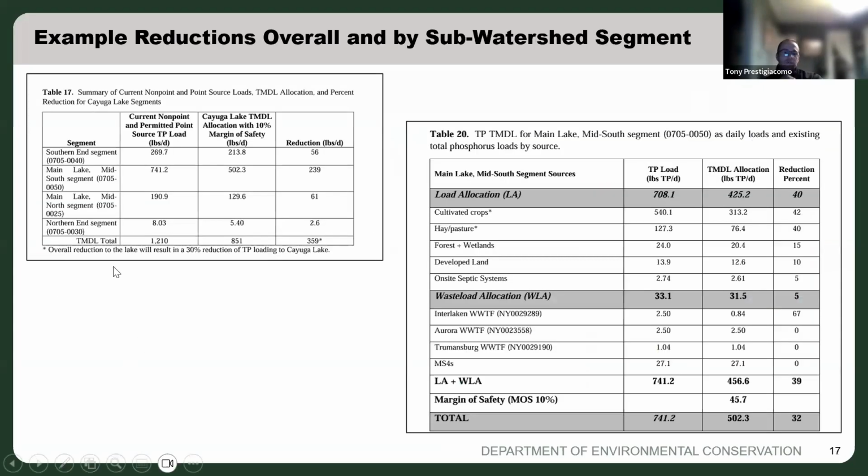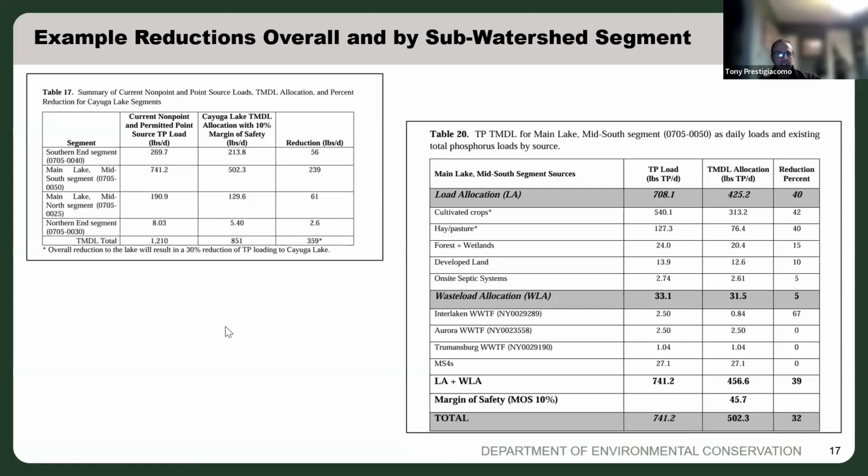And so if you're looking for numbers, there's a lot of numbers in the TMDL. You'll see tables that kind of look like this. And what they're showing is the current and permitted loads to the lake, and then what the TMDL says needs to be reduced in order to meet the water quality targets that we talked about a few minutes ago.